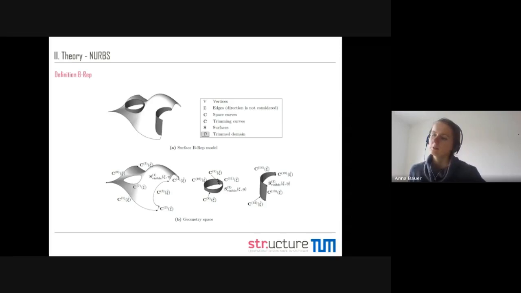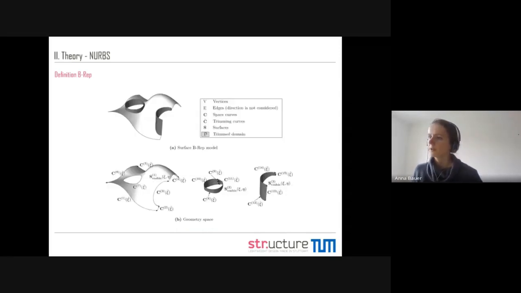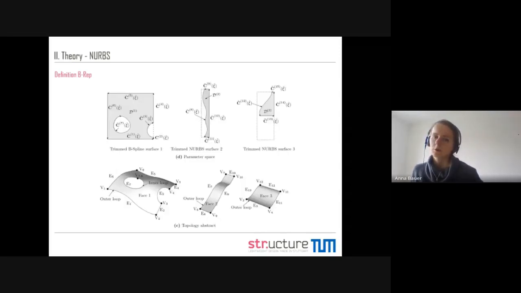The boundaries are also used to link the surfaces together, as you can see here. And maybe you have already used this feature in Rhino, where you have the description of the trimming curves in the UV space and also in the 3D space. So the 3D space is here, and the same curves also exist in the UV space.